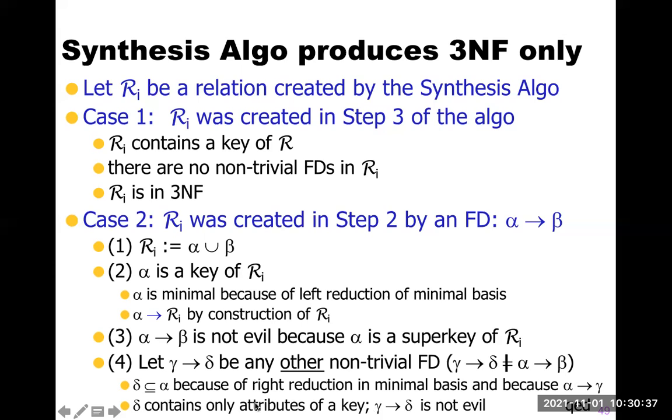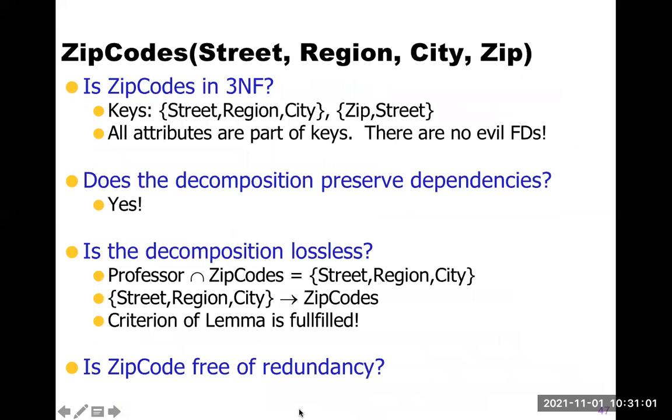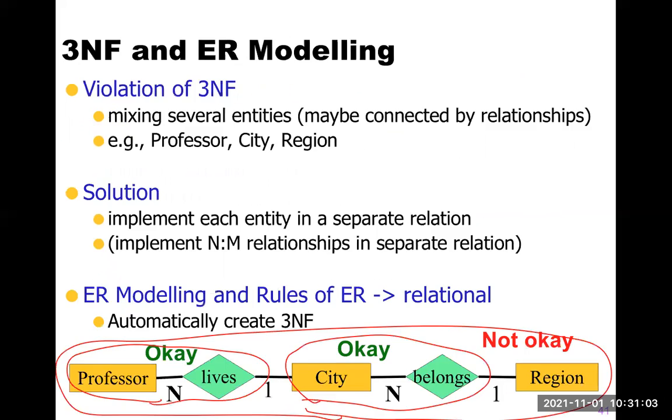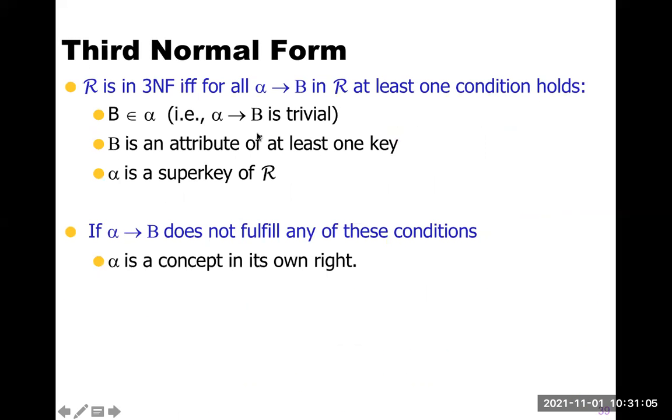So for gamma to delta, even if we have such non-trivial functional dependencies here, none of them can be transitive, as the right part is an attribute of a key. By the definition of third normal form, if the right part is an attribute of a key, that's good.